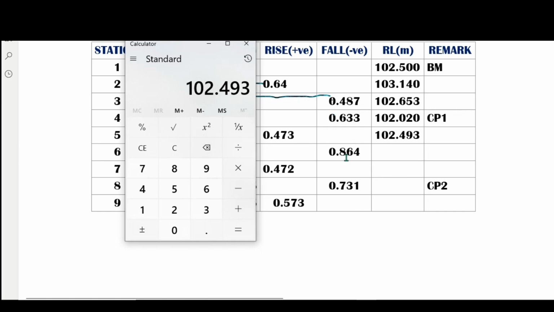Because the next one here is subtraction, I just subtract it, and this number is 0.864. So this is 0.864, and it's giving me this 101. Copying that there, 101.